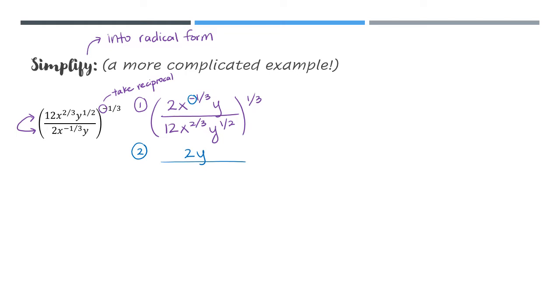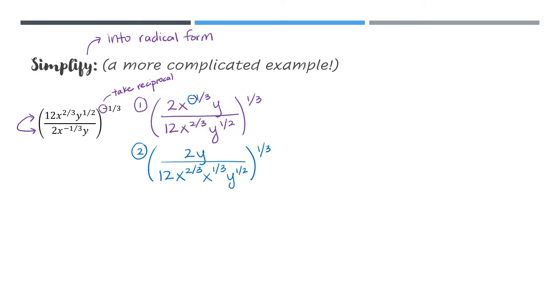And then in the denominator, I still have a 12, I still have this x to the 2/3, now I also have an x to the positive 1/3, and I still have y to the 1/2. Okay, and that is all still being raised to the 1/3 power. So I don't have any more negative exponents to deal with. That's nice. What else can I do here?